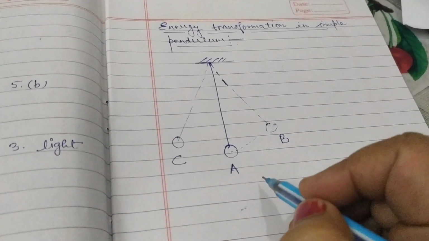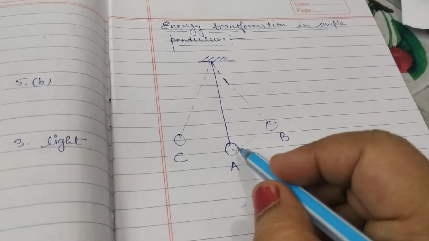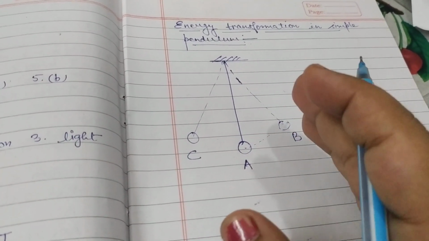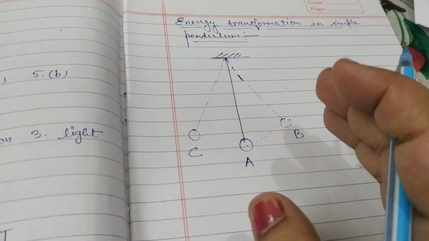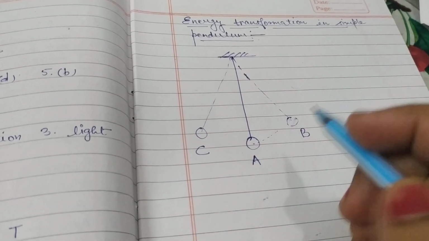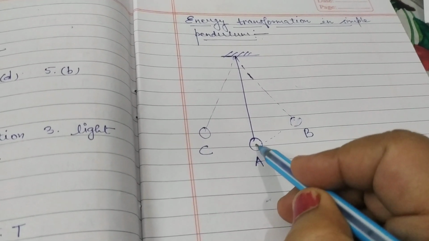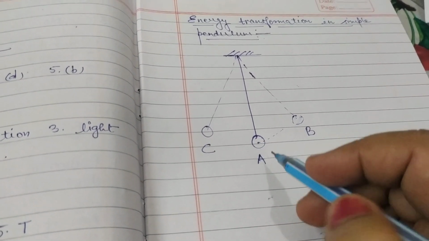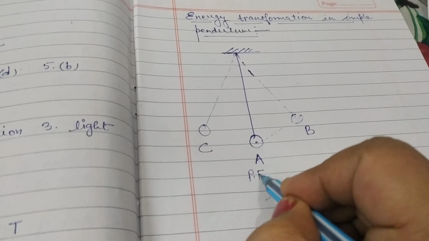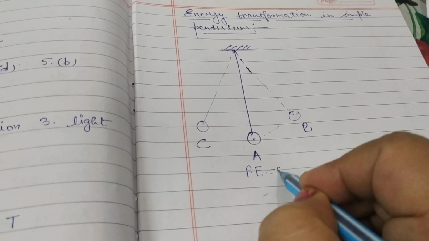So see, at A, though A will be at a certain height from the earth, so it will be having potential energy, but because this is the mean position, for our convenience we assume here that the potential energy is 0, right?